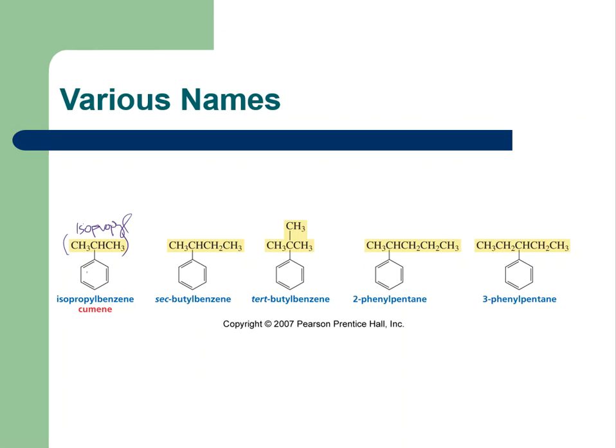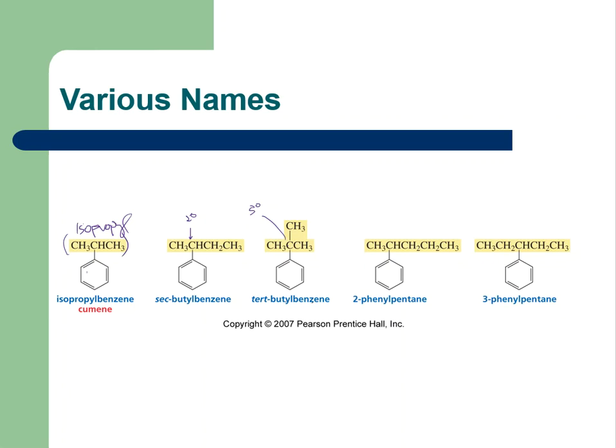So this 4-carbon system, this is not a middle carbon, but the second in line. This is a secondary carbon, so therefore this is called a sec-butyl benzene. And then here we have 4 carbons in total, but that carbon is really tertiary, right? That benzene is attached to that carbon that has 3 others. So this is a tert-butyl benzene.